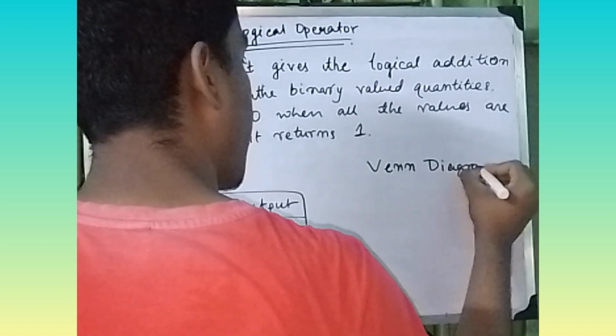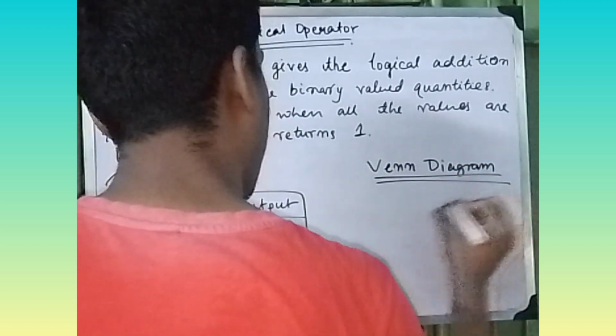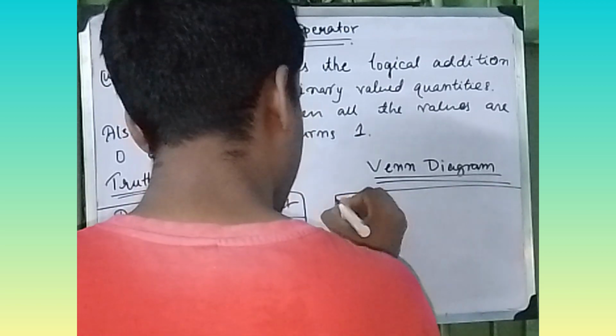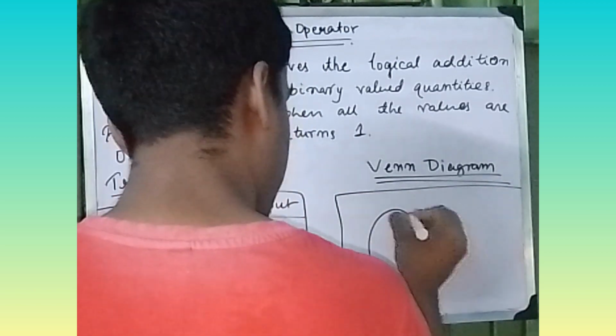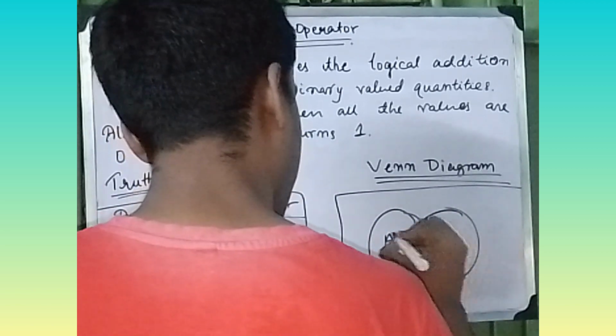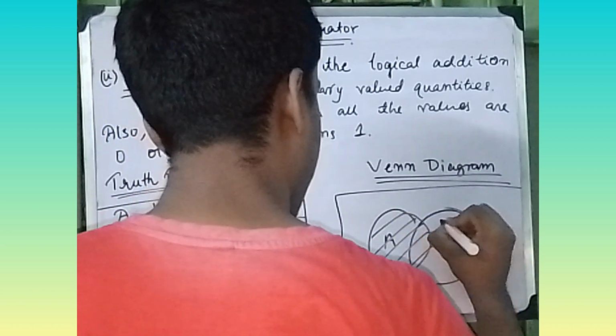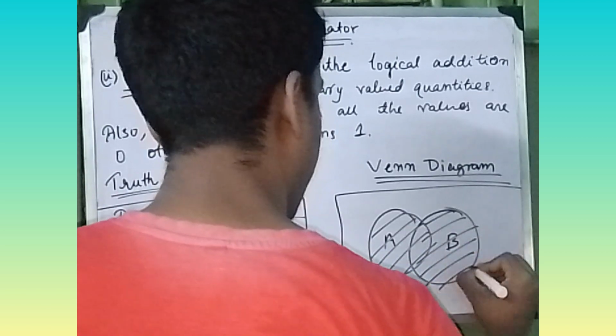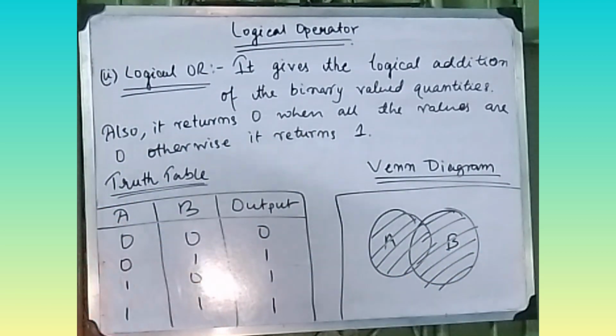Let's draw the Venn diagram of this particular logic gate, where A, B are the parts of this diagram, and the highlighted portion represents this logic gate.